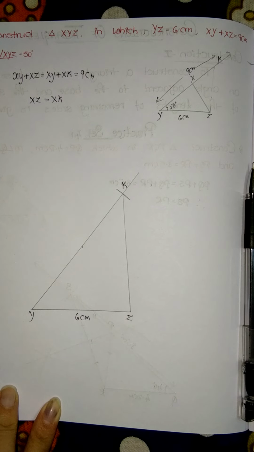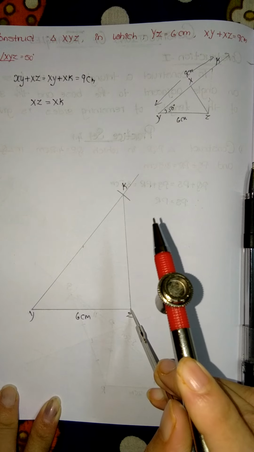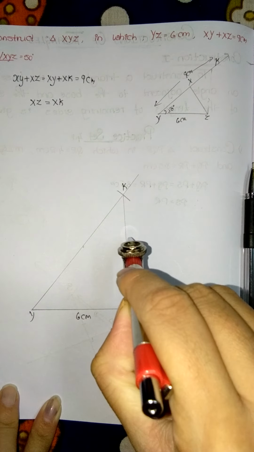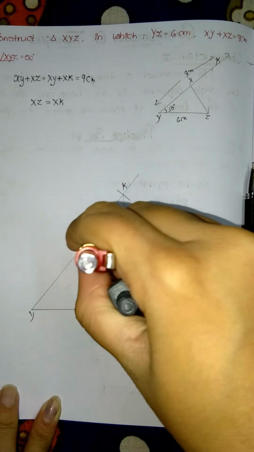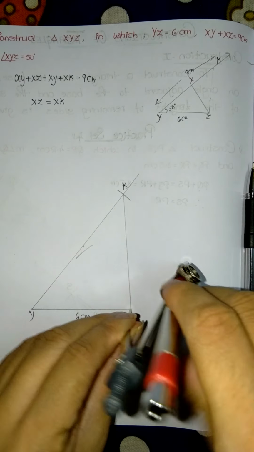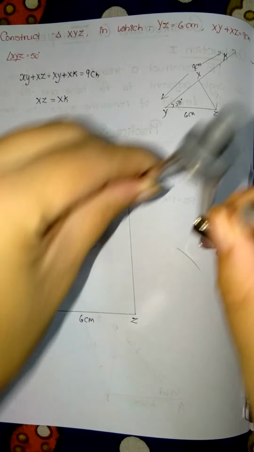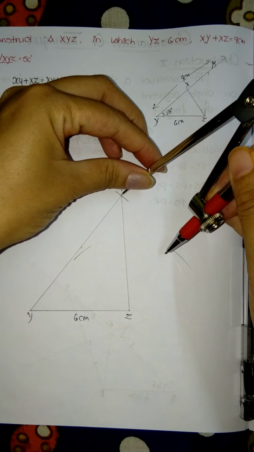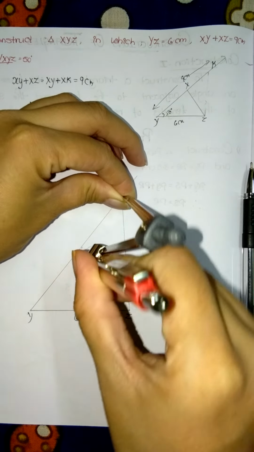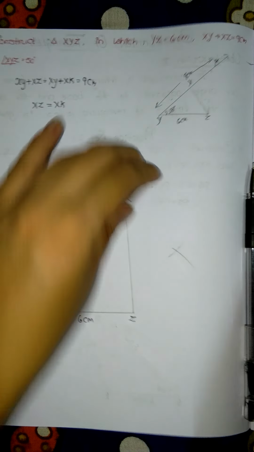and take the perpendicular bisector for the side YK. Keep it in K and cut this and join the line.